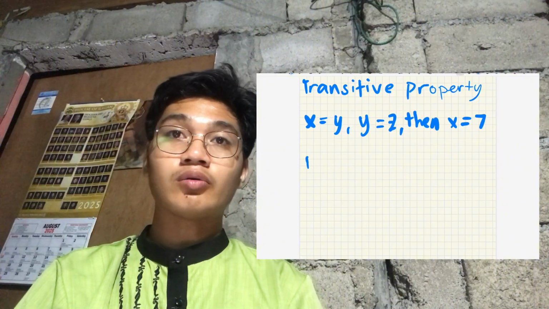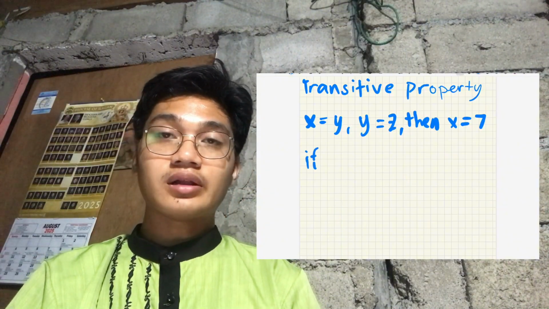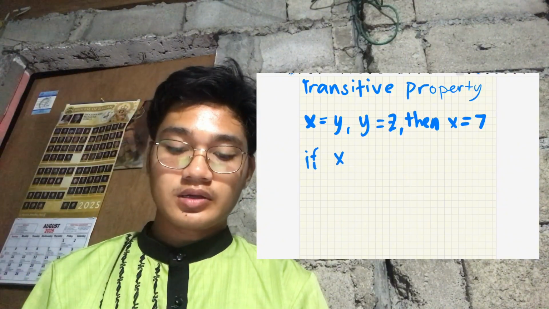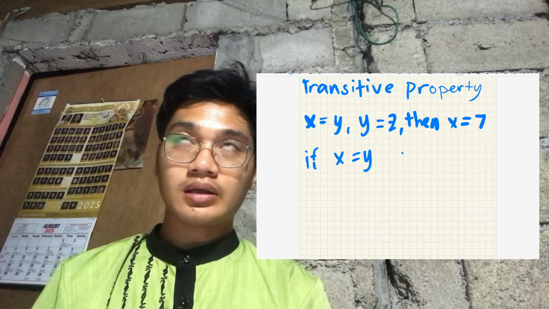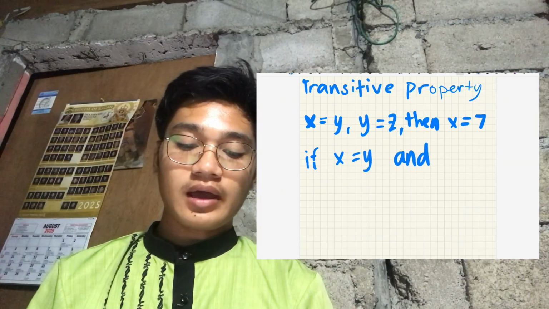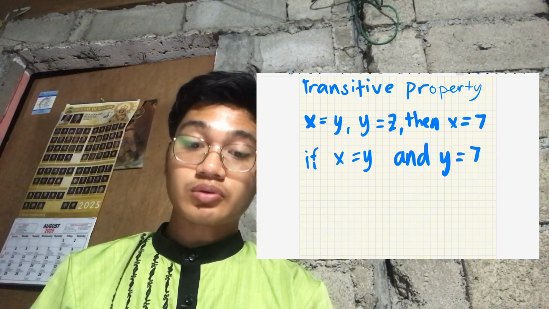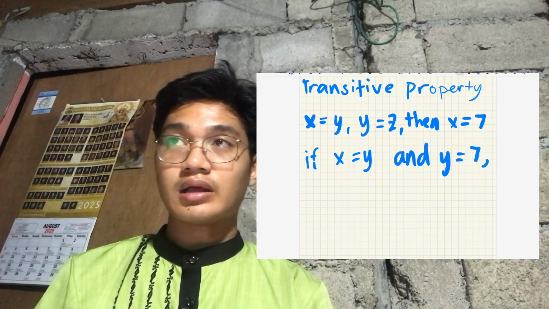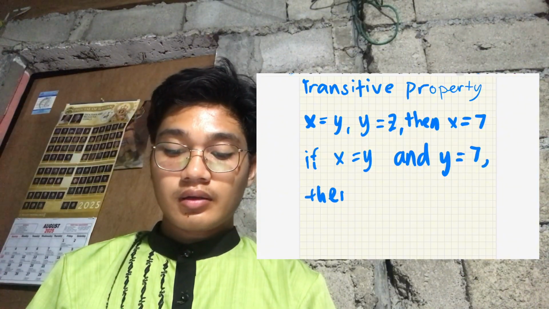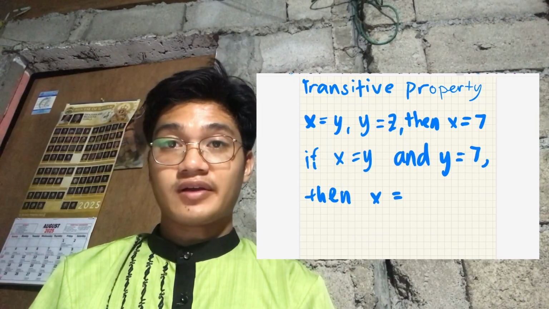This property holds good for real numbers. So the example earlier: if x is equal to m and m is equal to 7, then we can say that x is equal to 7.